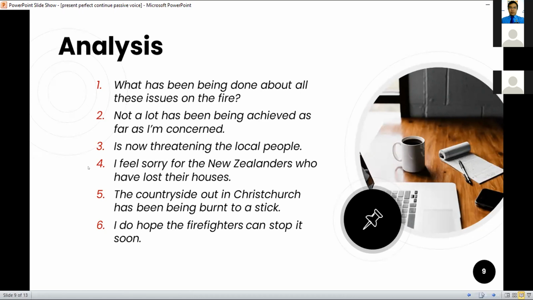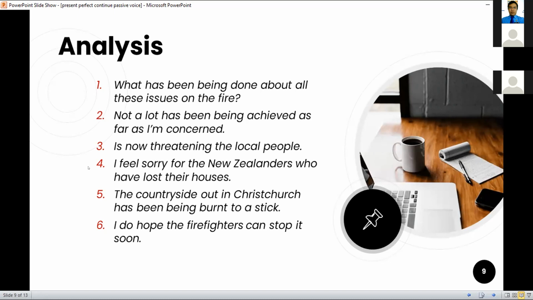Number 2: Not a lot has been done, actually, as far as I can consider. The present perfect continuous in the passive voice is used here to show that the agent, the thing or person, is not important.